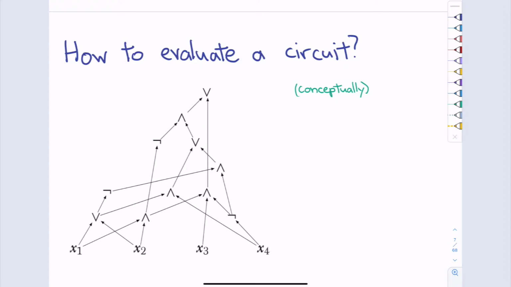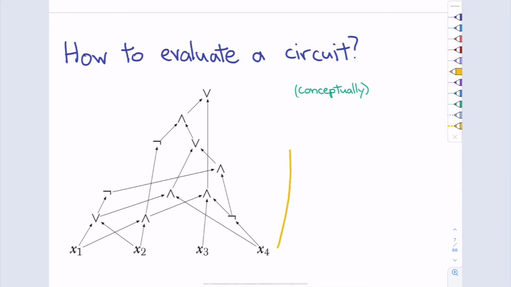At least if I'm drawing it in this fashion, we sort of worked from bottom up, right? And in particular, the inputs were all sources. And when we did the simulation together, at any point in time, there was a natural next gate to evaluate that had all its inputs prepared.